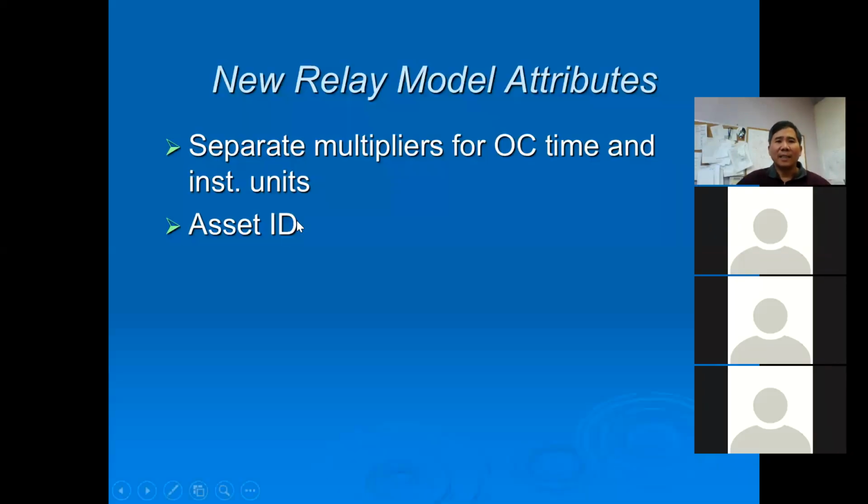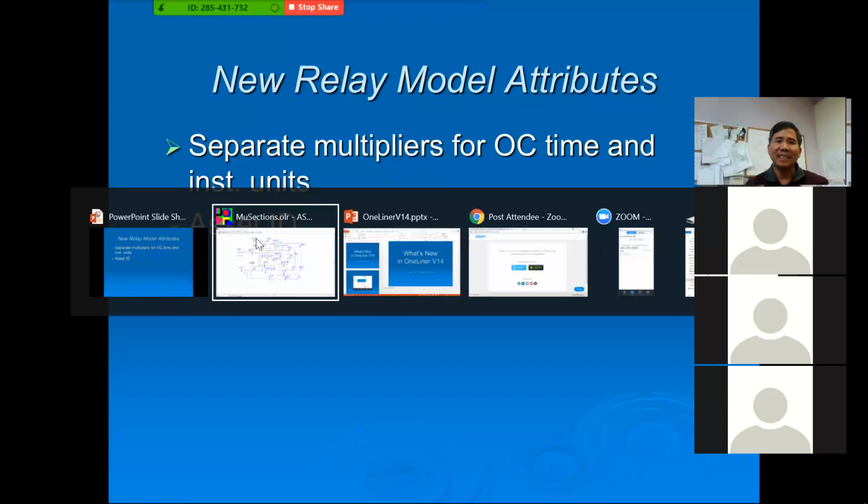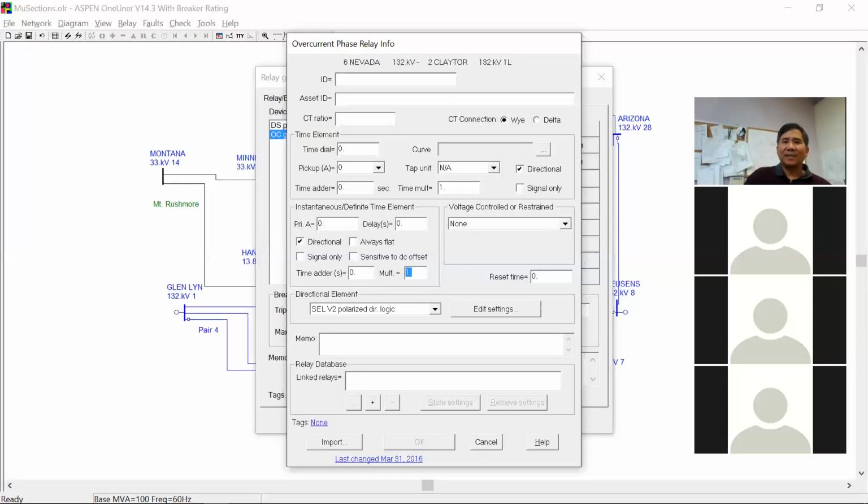Okay, and also in this version, you can enter for every protective relay element a long string with a so-called asset ID, in a field here. That's in addition to a shorter ID here.